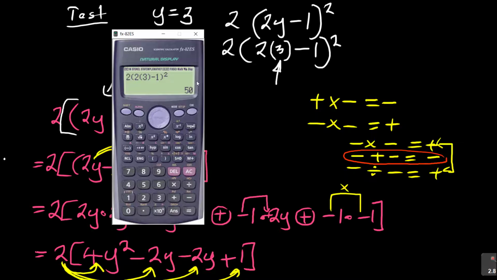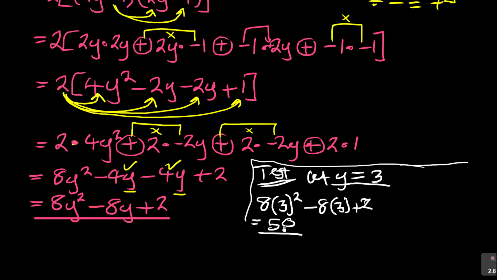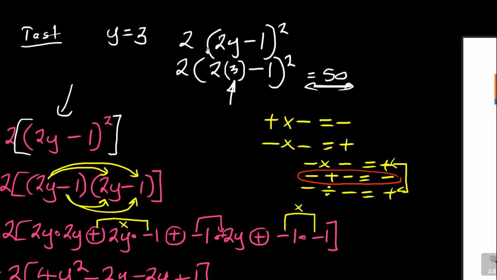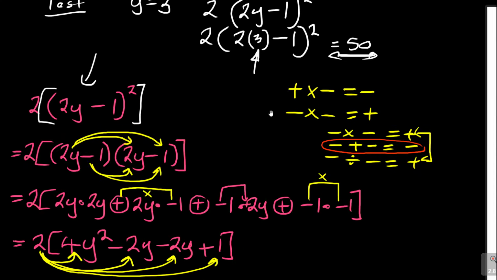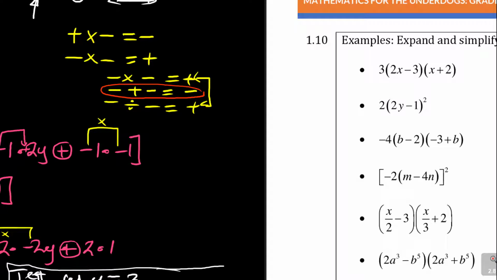Equal to, look, you get 50. I got 50 also previously, which means my answer is correct. That is what you're testing: is my answer correct? This is what I advise you to do, so that you can check yourself of unnecessary errors at the end. All right, I hope this makes sense.